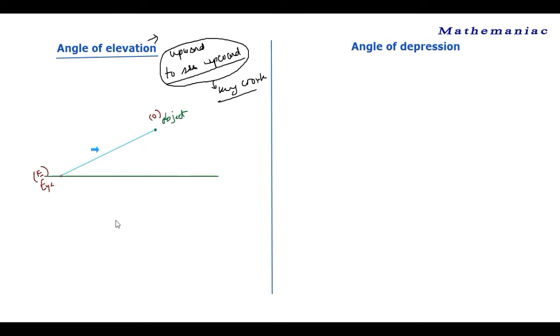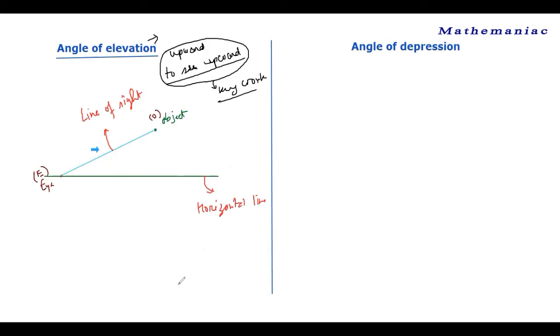One is this line, which is known as the line of sight. And this horizontal line is simply the horizontal line. Remember it.